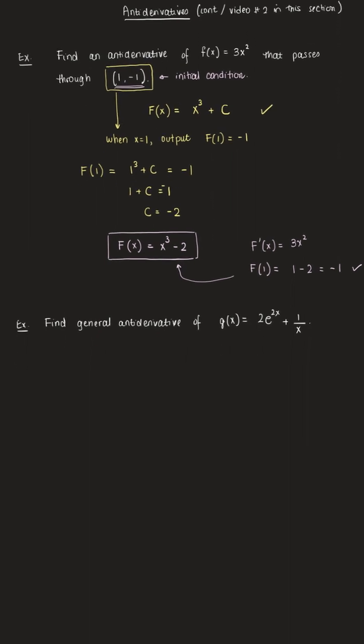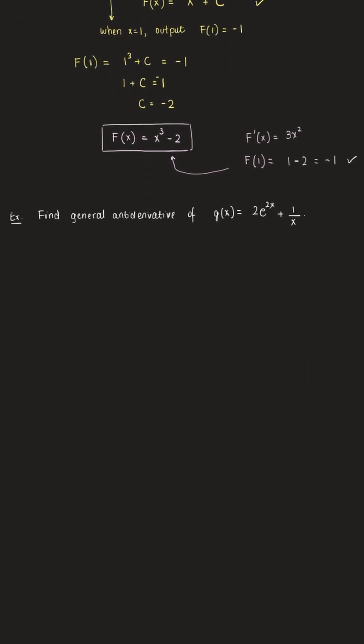Just recall that when we're finding a general antiderivative, this means an entire family of functions that share the same derivative, a family of functions whose derivative is the function given, g(x).